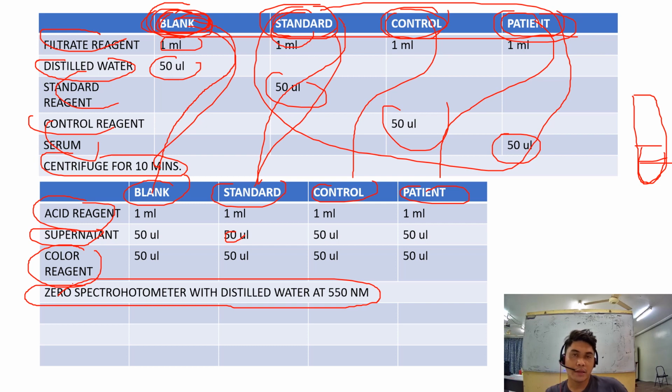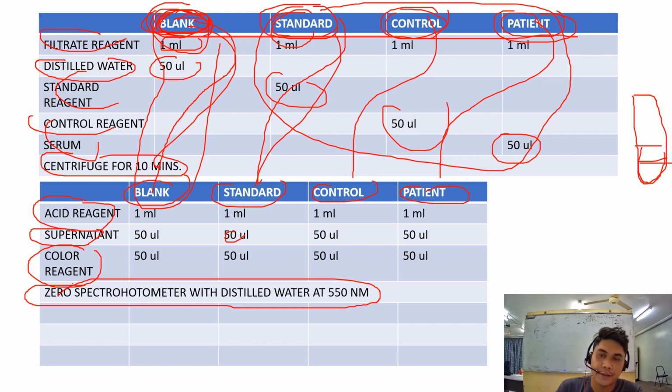You cannot use the blank preparation to zero the machine, because it has an absorbance reading for this method. So we use distilled water as the water blank to zero the spectrophotometer.